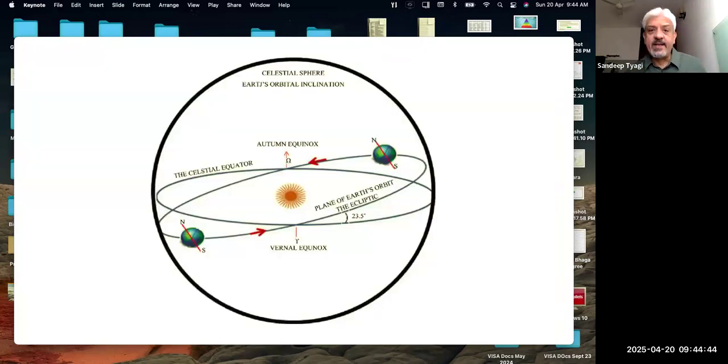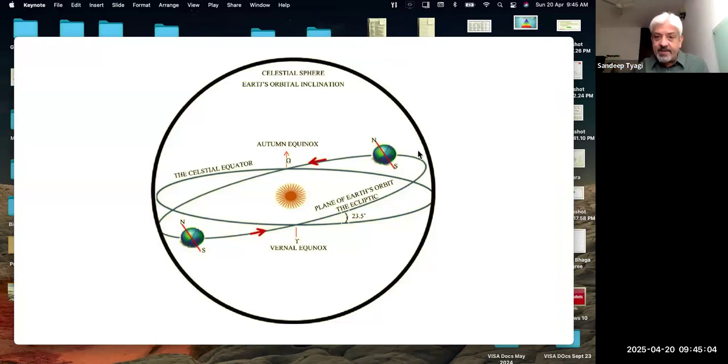Okay. So what it is telling us is that because of the wobble of the Earth, the north-south poles, or the magnetic alignment of the Earth, is no more vertical like that. Actually, the Earth is tilted, and the poles are tilted.